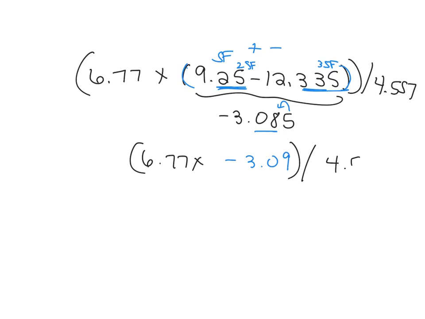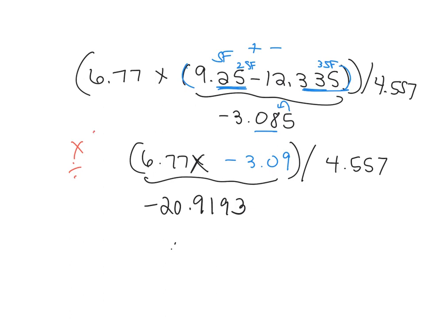And so that gives me that parentheses, and now I've got to take this times 6.77, and then I'm going to divide that by 4.557. So now this is my parentheses, and this is a multiplication. This is just a negative number. So I'm going to do 6.77 times -3.09, and I get -20.9193. And since this is multiplication and division, it's the least number of significant figures overall. So this is 3 significant figures, and this is 3 significant figures.